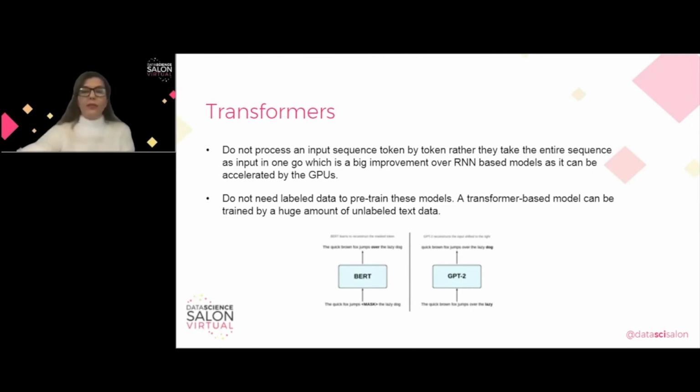So the problem, as I explained, for transfer learning was that we didn't have a labeled data set for NLP models. BERT is trained on an unlabeled dataset. It is trained on more than 2,500 million words from Wikipedia and more than 800 million words from books.